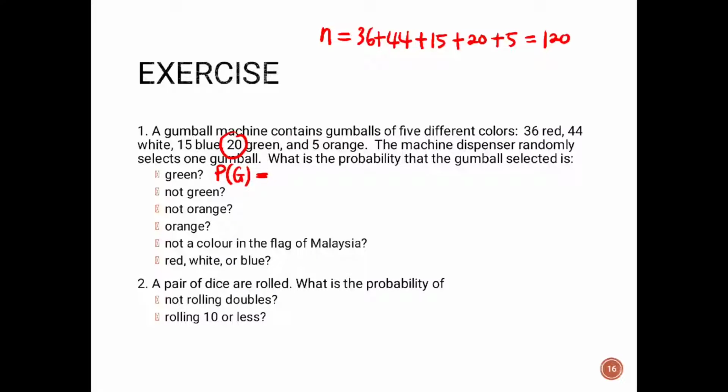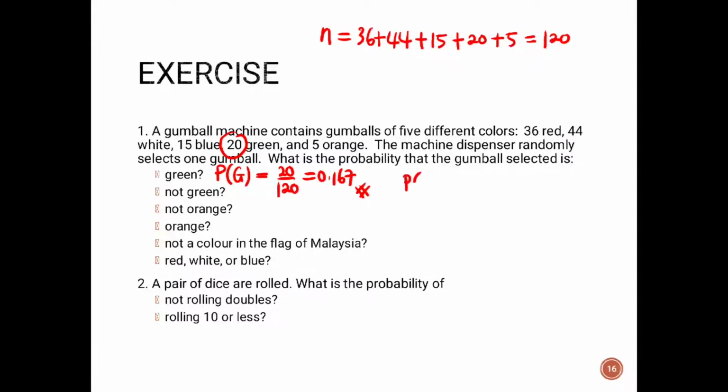We have 20 green gumballs, so it's 20 over 120, and that is 0.167.